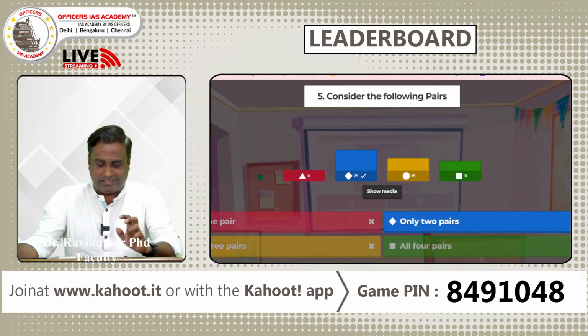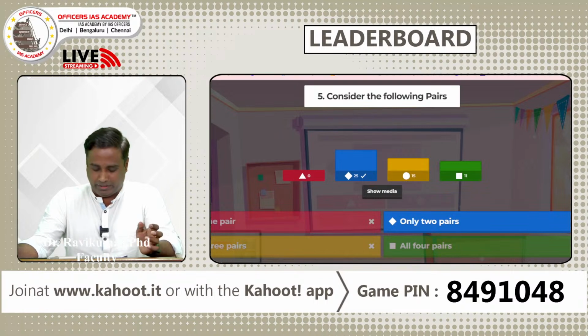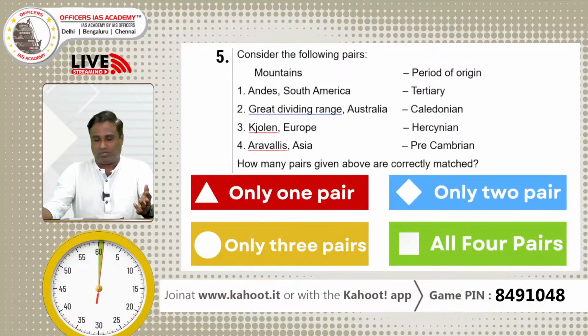There are 4 mountains given: Andes in South America, Great Dividing Range in Australia, Jura Mountains in Europe, and Aravallis in Asia. All these 4 were formed in the Paleozoic, Mesozoic or Cenozoic period. Andes is completely Cenozoic, that is, Tertiary period origin. It's a new mountain, as you wrote. And the 4th one, Aravalli, is one of the oldest mountains in the world, Precambrian to Paleozoic, so that's right.